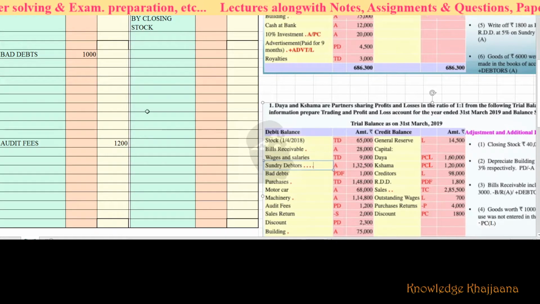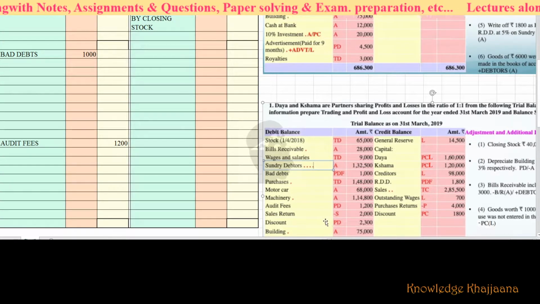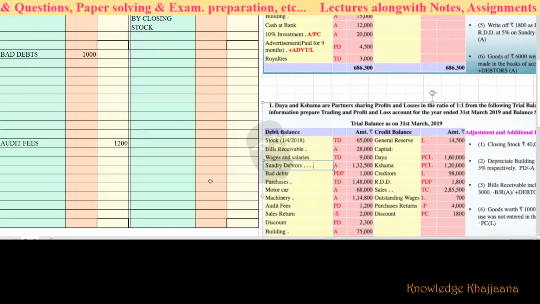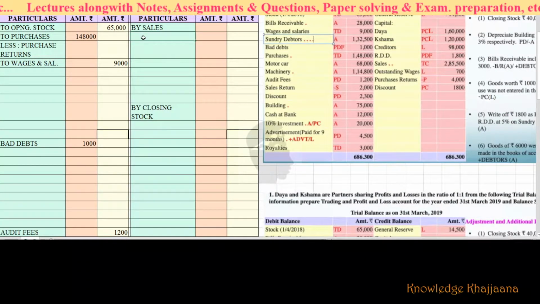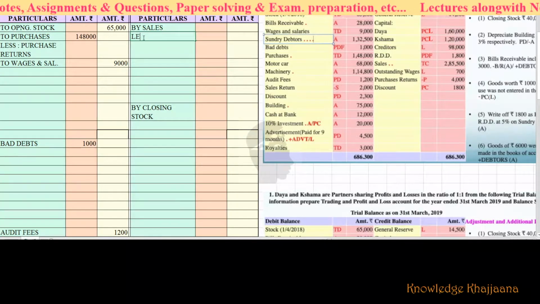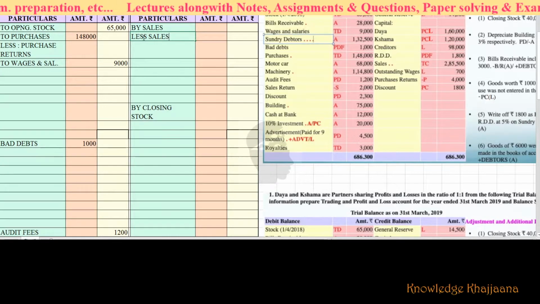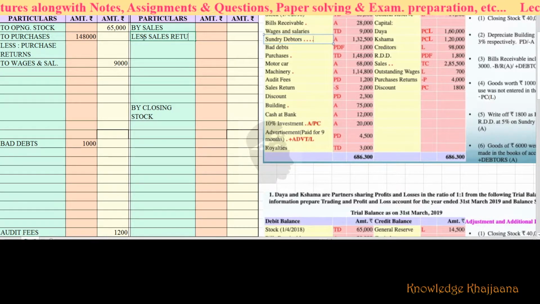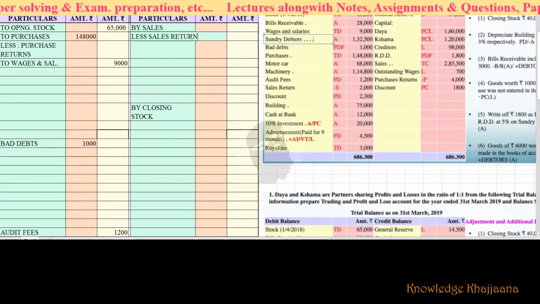Then sales return. See, what do we have to do for the sales return? We have to deduct that much amount from sales. So we will write somewhere over here, less sales return.